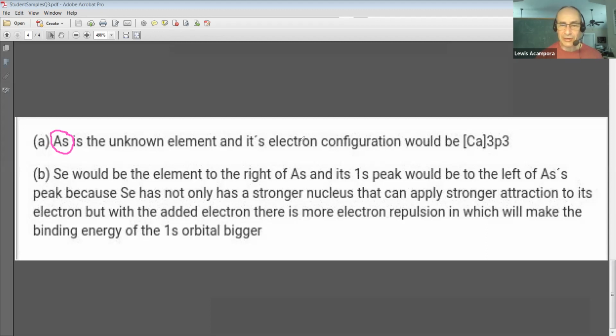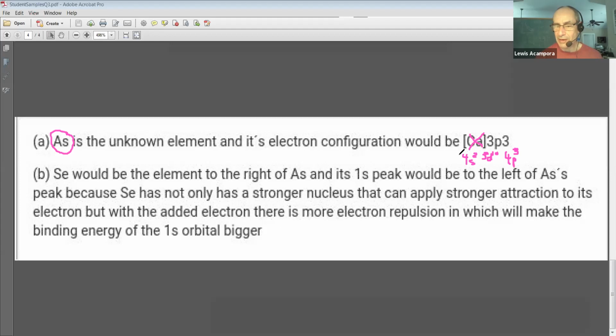So this is incorrect. The electron configuration is also incorrect. First of all, you should never use anything except a noble gas here. But even if you were, this is missing the 3d10 electrons, and then that should be 4p3, 4s2.